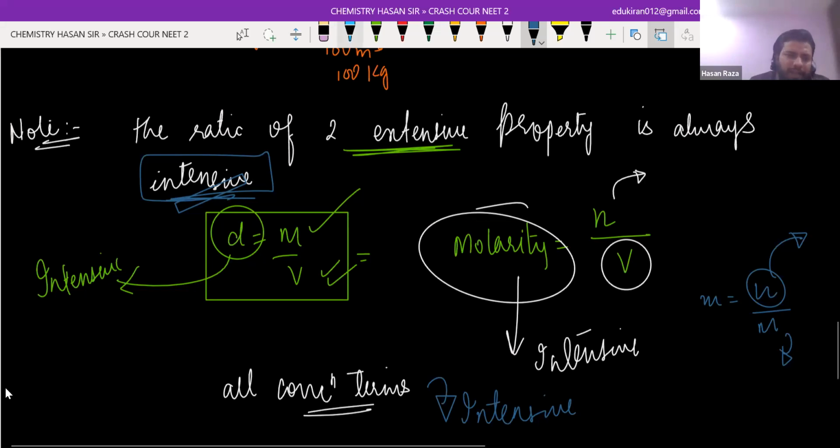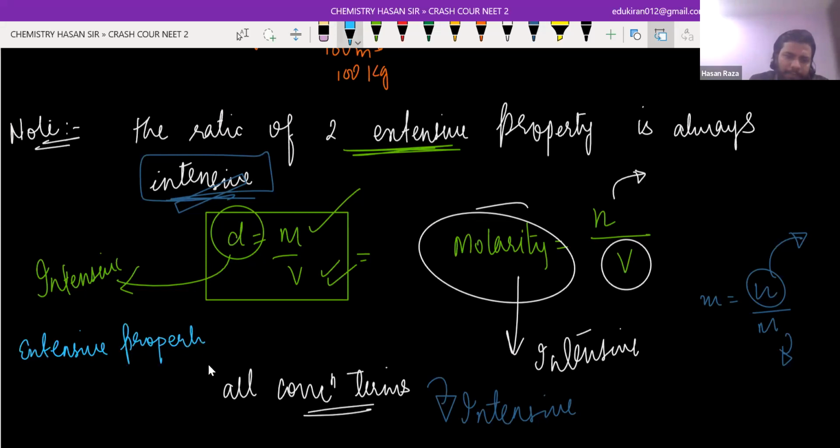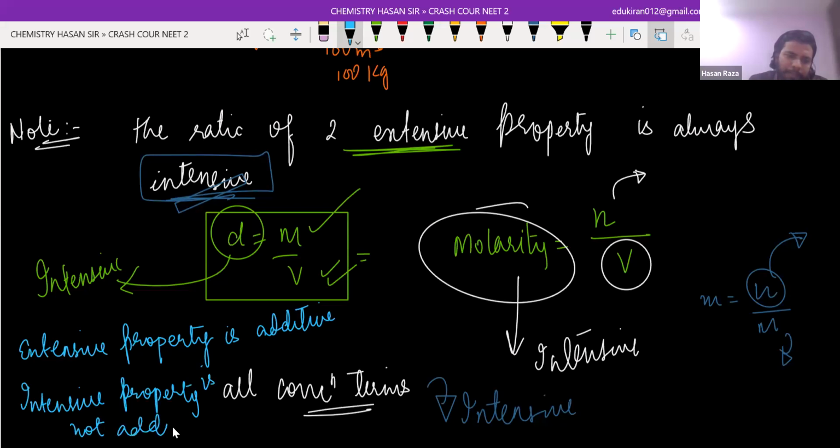Also remember that an extensive property is additive in nature, and an intensive property is not additive. Please note that down.